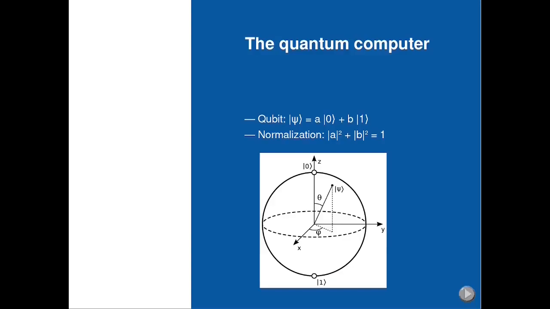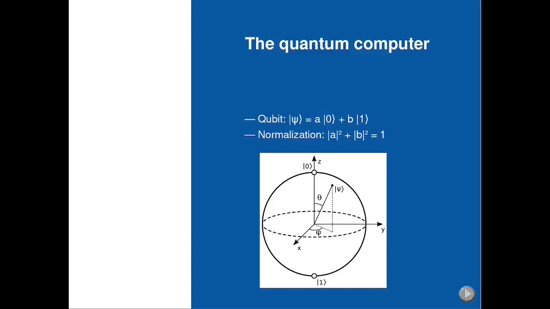And this equation is, of course, normalized, and there is a chance of a qubit after measurement to be found in state 0, and there is a chance of this qubit to be found in state 1. And the sum of both of these probabilities has to be 100%.